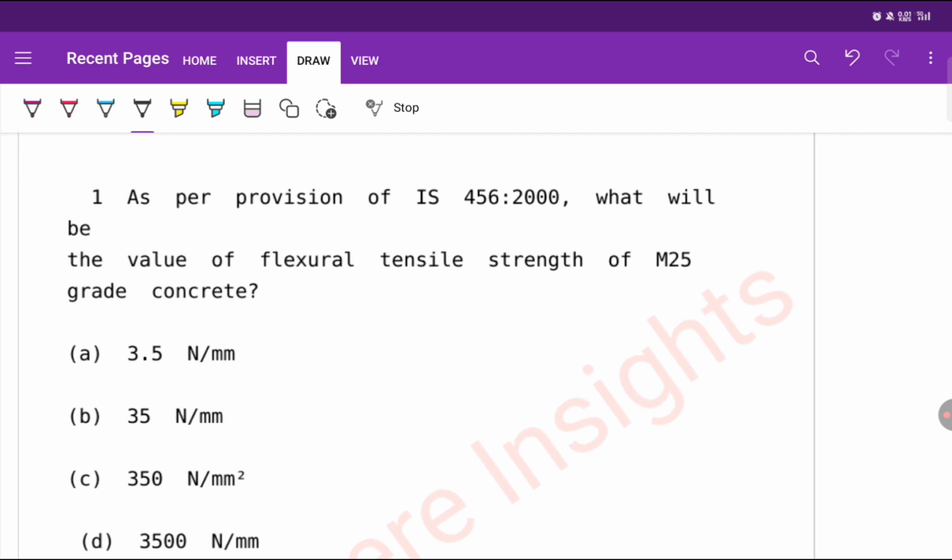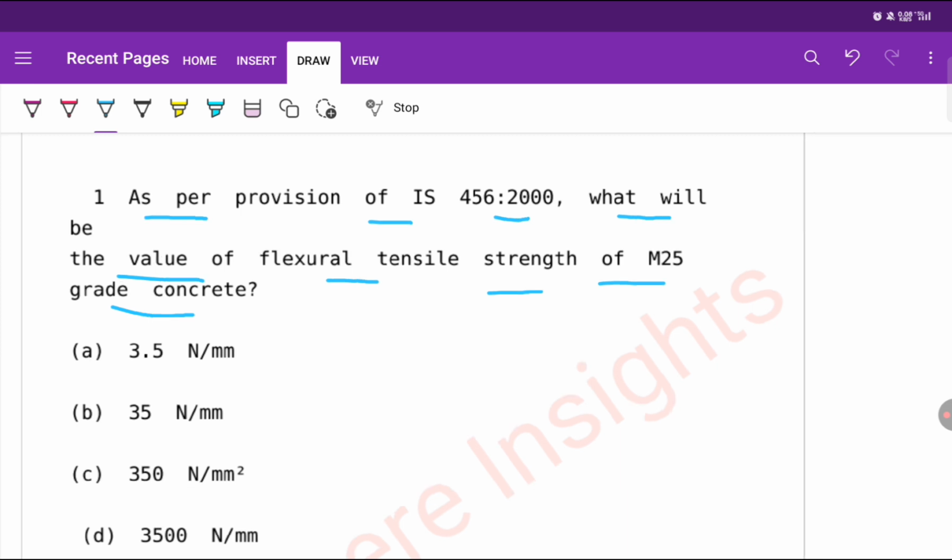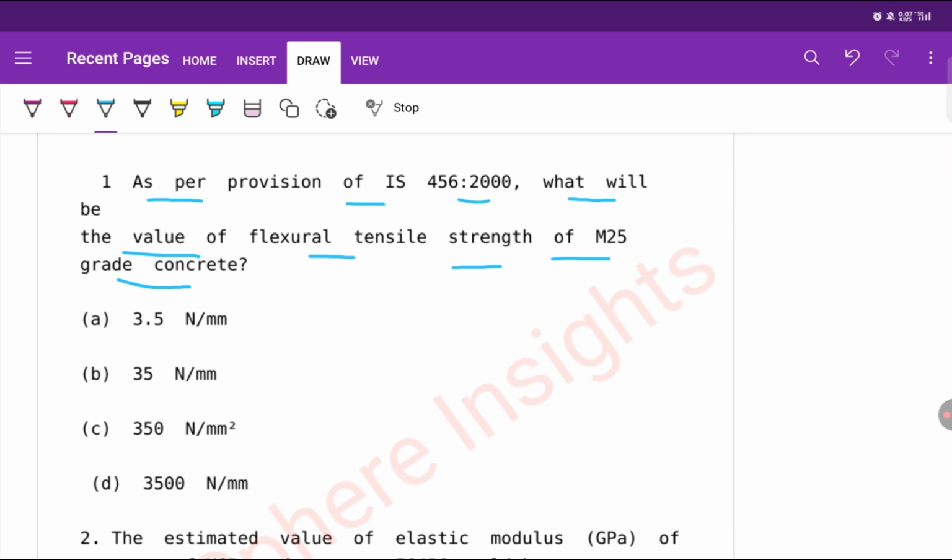So first question. As per provision of IS 456:2000, what will be the value of flexural tensile strength of M25 grade of concrete? So as per IS 456:2000, flexural tensile strength of M25 grade of concrete.